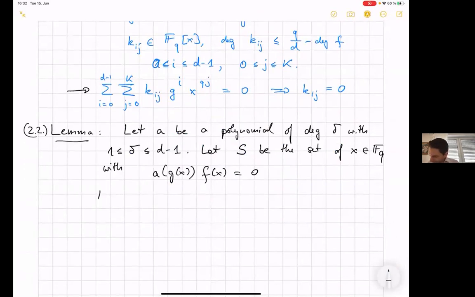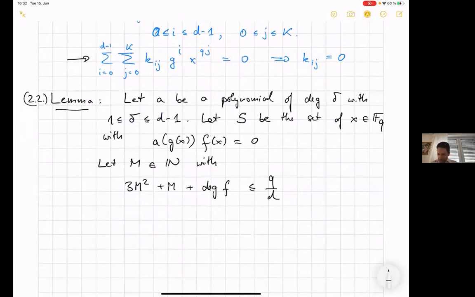As usual in analytic number theory, we have a couple of parameters available that we optimize later. m is such a parameter, and we pick some m such that 3m squared plus m plus the degree of f is bounded by q over d. I do it very precisely here, but you can just think of m as being roughly of size square root of q over d.